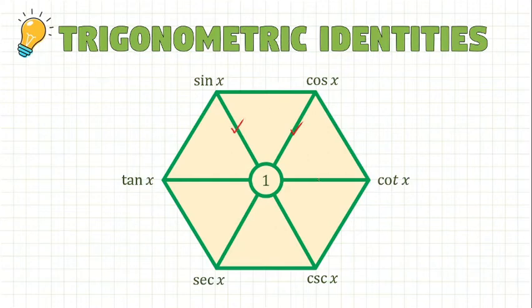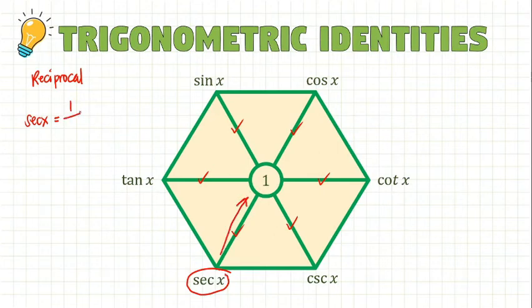Now, for this reciprocal identity, let's start with secant x. Secant x is equal to 1 over cosine x.